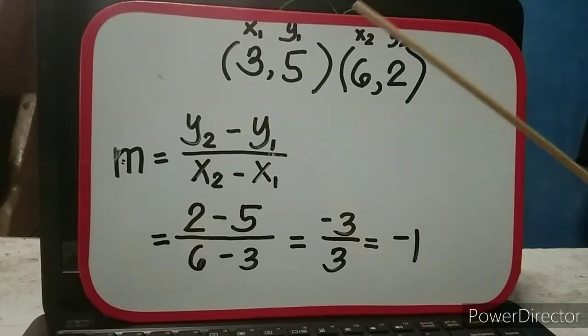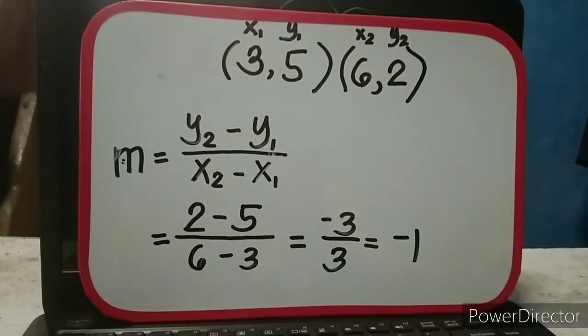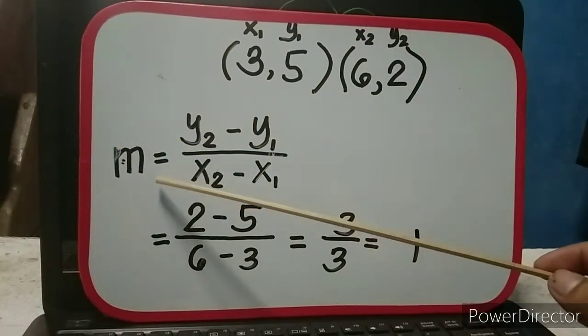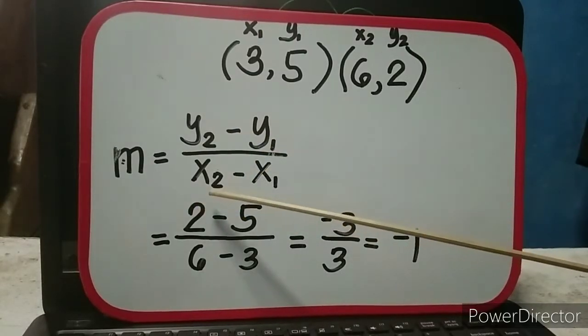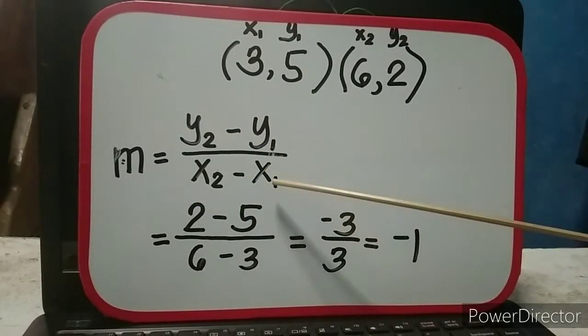We can only use the formula and the example earlier if we're going to find the slope of the line using its graph. This time, we're going to find the slope of the line given any 2 points that will satisfy the given linear equation in 2 variables. And we will use the formula for slope m is equal to y sub 2 minus y sub 1 over x sub 2 minus x sub 1.